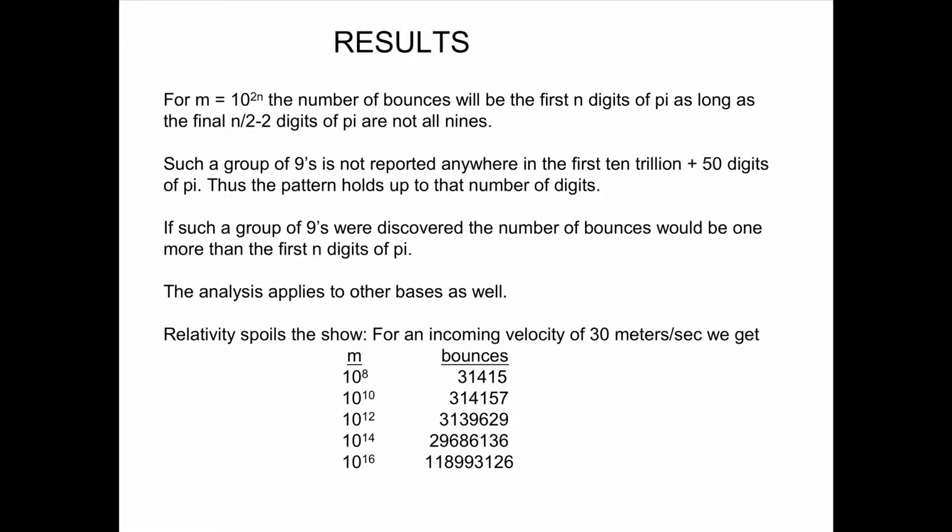So I've taken a specific case where the incoming mass is coming in at 30 meters a second, which is about what you drive on the highway. And look what we get now with the number of bounces for relativistic treatment. And so relativity spoils the show. And thank you for your attention.